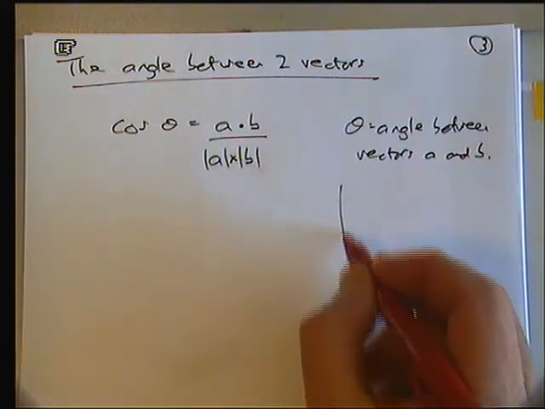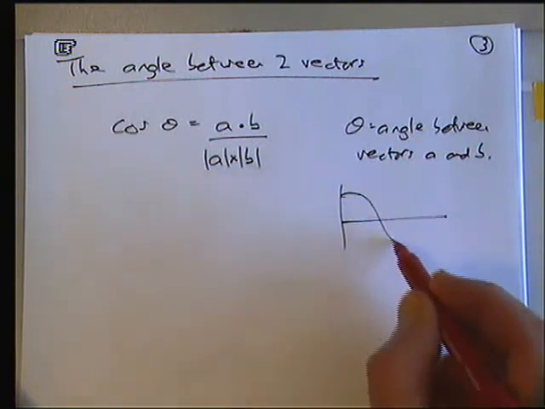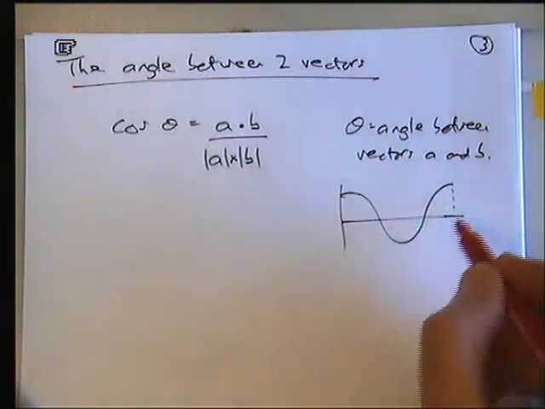Can you just at the side sketch a cosine curve? We'll do it in degrees for now.